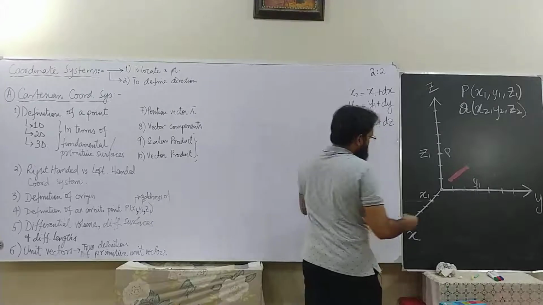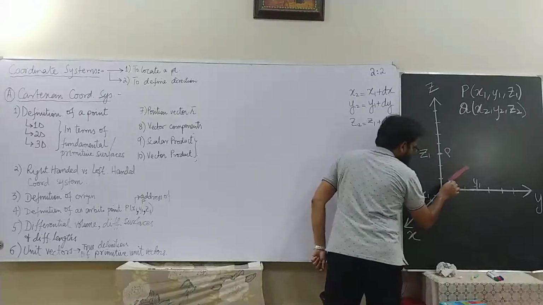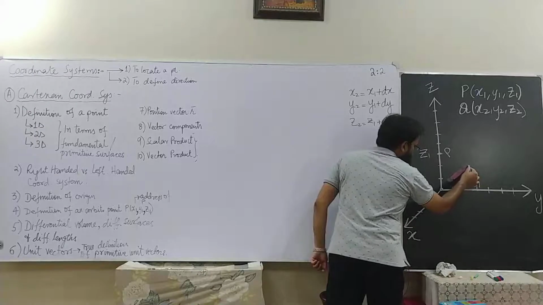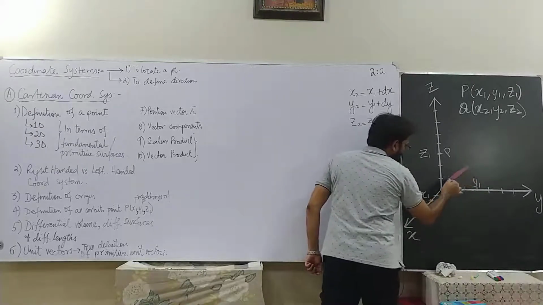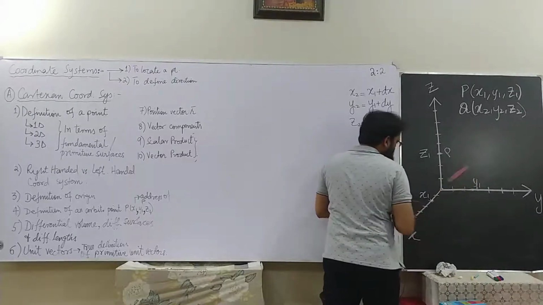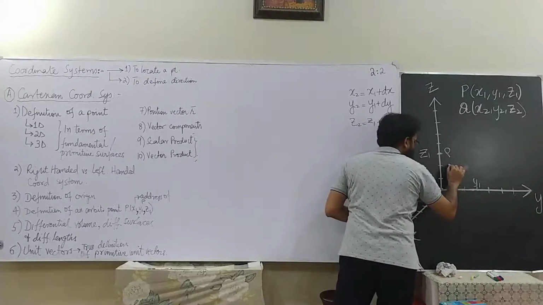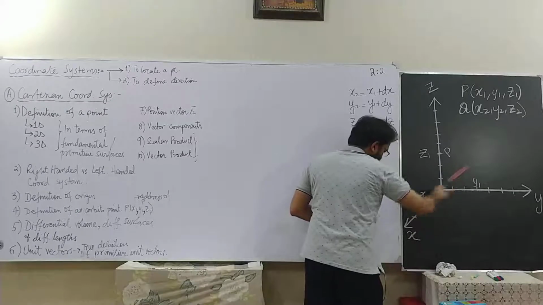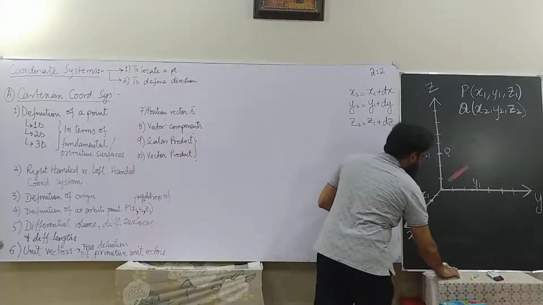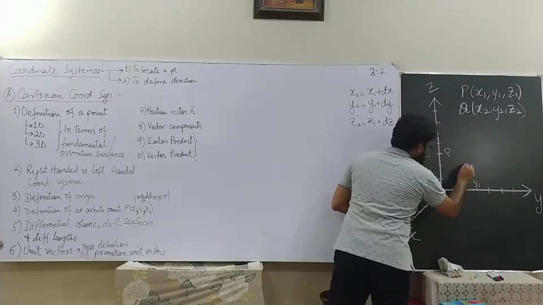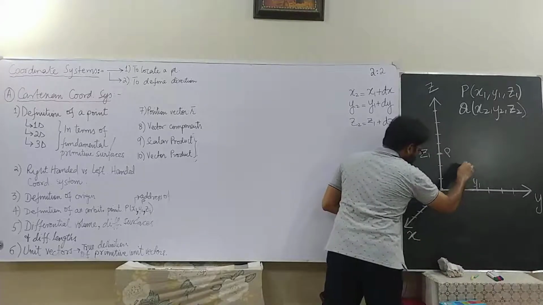y1. Okay, so when I'm here, you can see I'm using a different chalk. From the transition from here to here, in which coordinate did I change the direction? That direction was x. Let me redraw it.